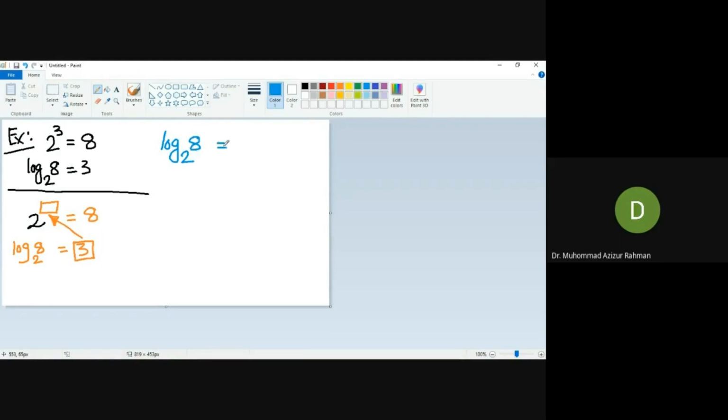So what should we do? Base to the power 3, right, equals 8, the number whose logarithm we are taking. So you can express it this way.